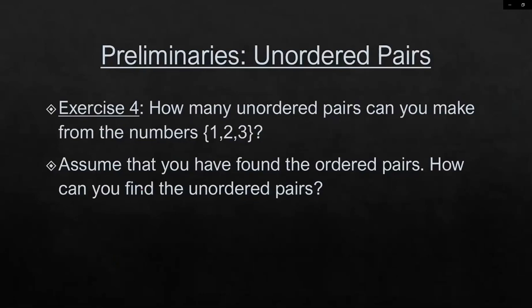For example, if you have 1, 3 and 3, 1, they're ordered pairs, so you can pick either one. It really doesn't matter. You can't use the same numbers twice because they're the same, and you don't need that for the unordered pairs. Yes, but how can you figure out how many they are?